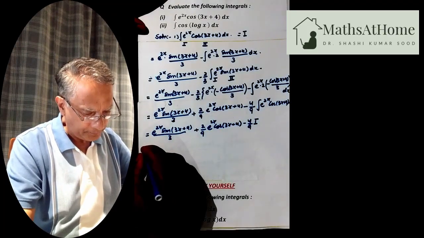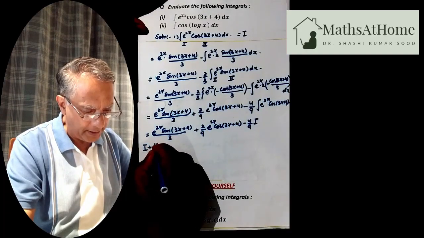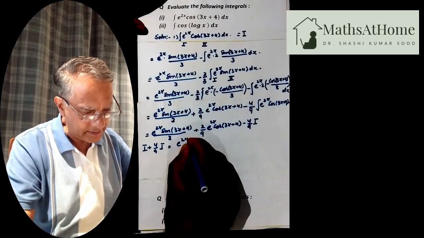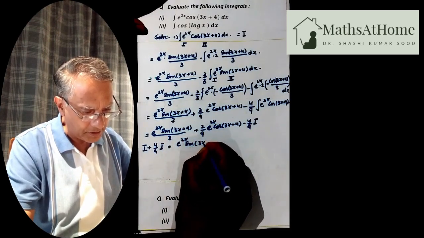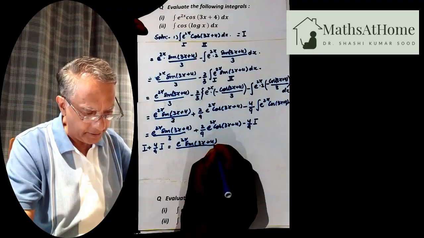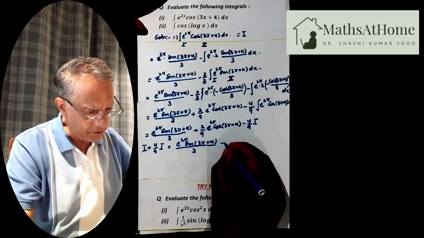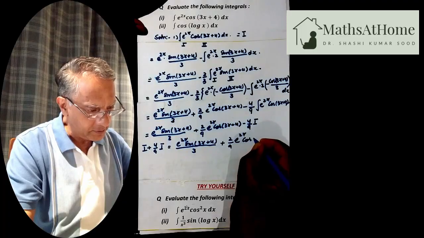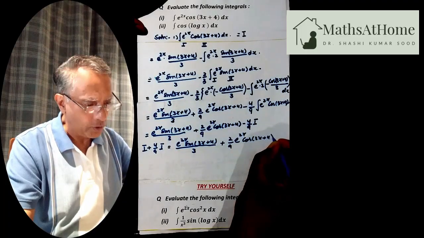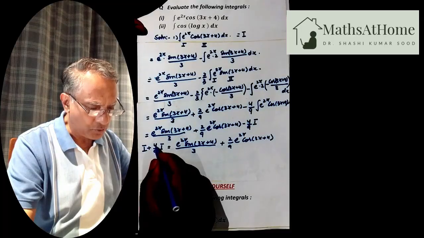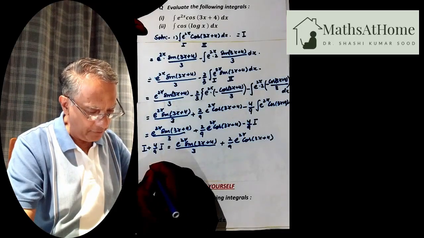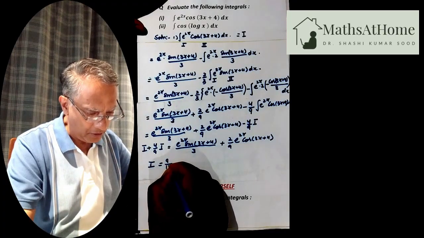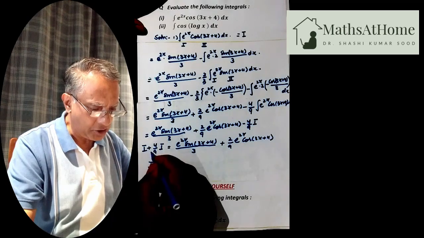What we get is I plus 4 by 9 I is equal to e to the power of 2x sin(3x + 4) divided by 3 plus 2 by 9 e to the power of 2x cos(3x + 4), and this is 9 plus 4, 13 by 9. So I will be equal to 9 by 13 of this.